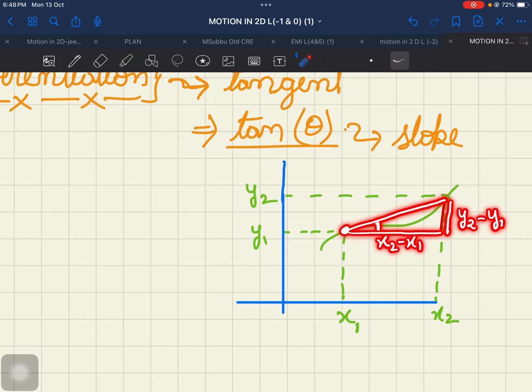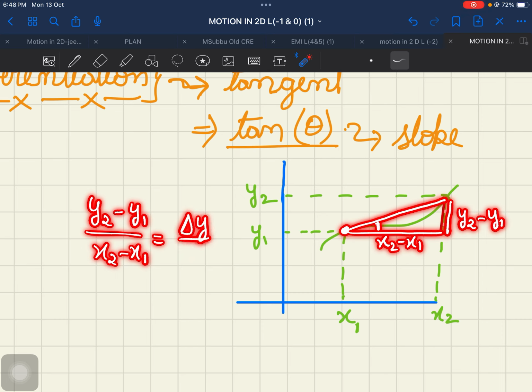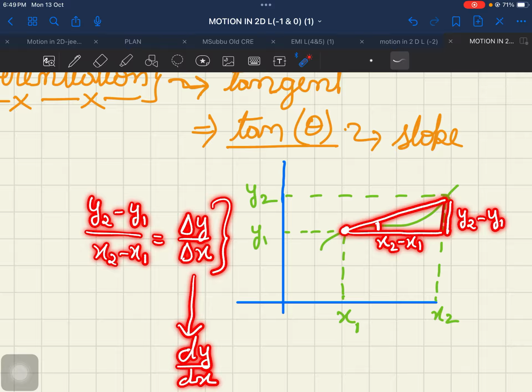So y2 minus y1 by x2 minus x1 is nothing but delta y by delta x. This will change to dy by dx if delta x tends to 0.